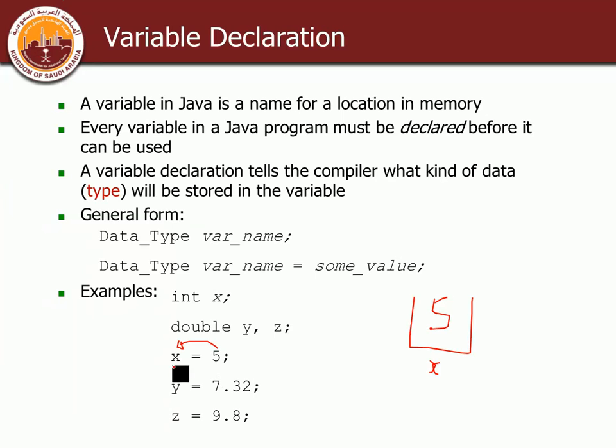What happens if I do something like this, for example? Now let's understand. What did I say that this instruction means? Put 1 in x. This 5 is going to go, and I'm going to put 1.